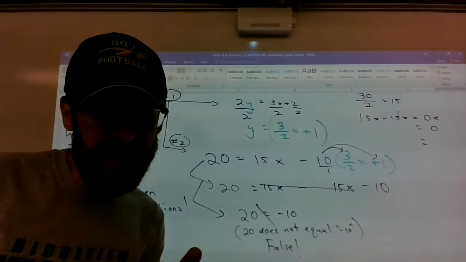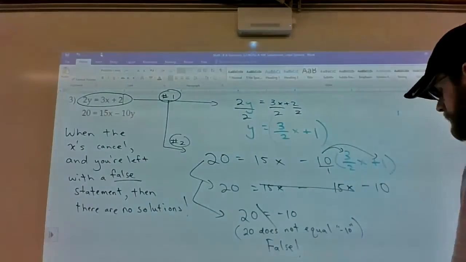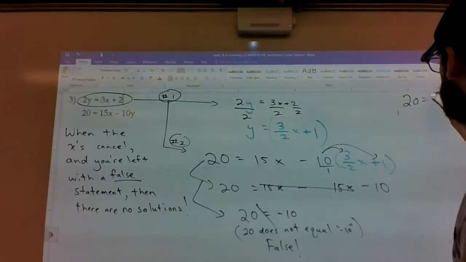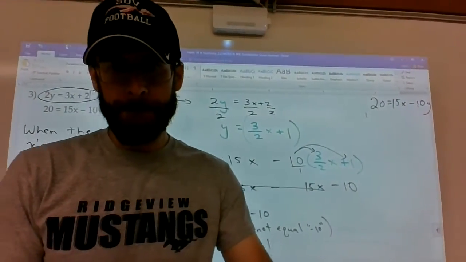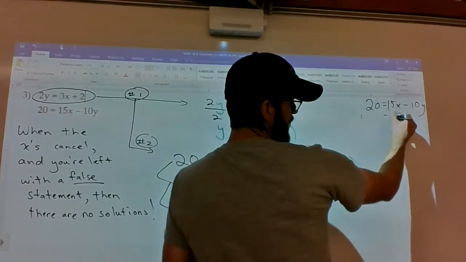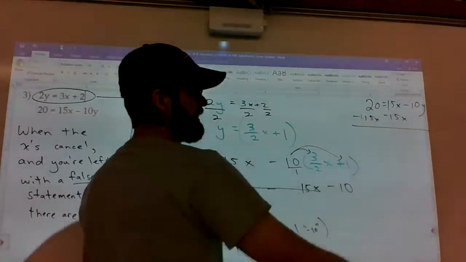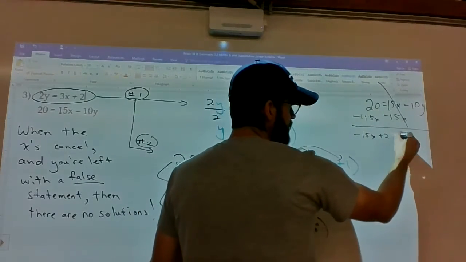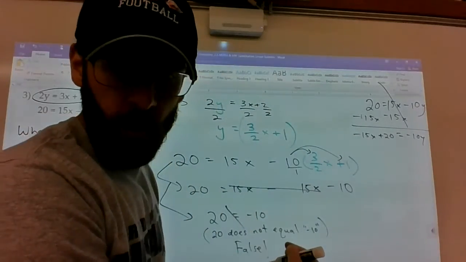And if you want to investigate that a little bit further, think about what the second equation was. The second equation was 20 equals 15x minus 10y. If I were to get y by itself in that equation, I'd subtract 15x from both sides. Negative 15x plus 20 would equal negative 10y. You divide everything by the number in front of y.